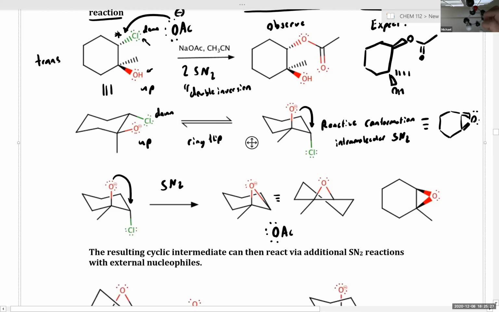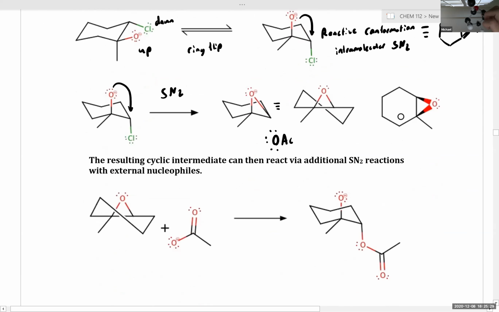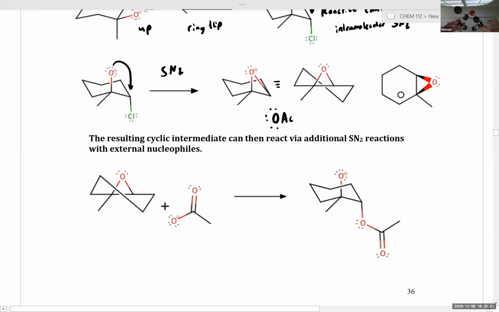Now, let's think for a moment about how our nucleophile will open up this cyclic intermediate. My question to all of you is, which carbon is more reactive? We have a choice here. We have a tertiary carbon and a secondary carbon. Which carbon is preferred for the attack in an SN2 reaction?